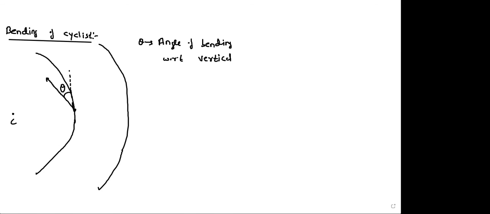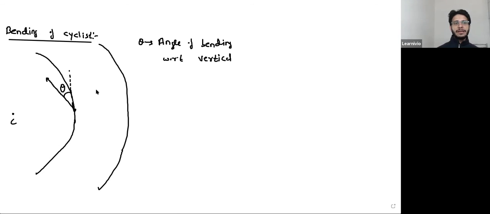So why does a two-wheeler bend his bike or cycle on a circular turn? See, if this is the cyclist, this is the weight of the cyclist, and this is the normal reaction. If the cyclist is straight, then the normal reaction will act in the upward direction. But since he bends his cycle, the normal reaction acts at an angle.